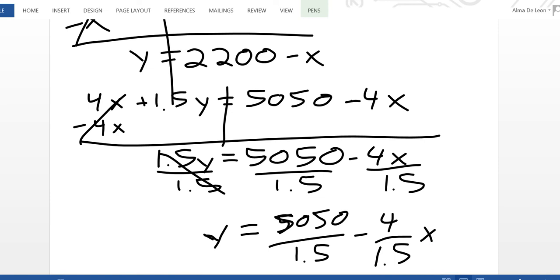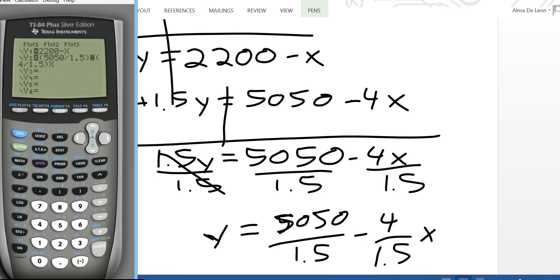Okay, so to solve a system of equations, I need to put both of my equations in the calculator. One of them needs to go in y1, and the second one needs to go in y2. Okay, and so here I have them typed into my calculator.